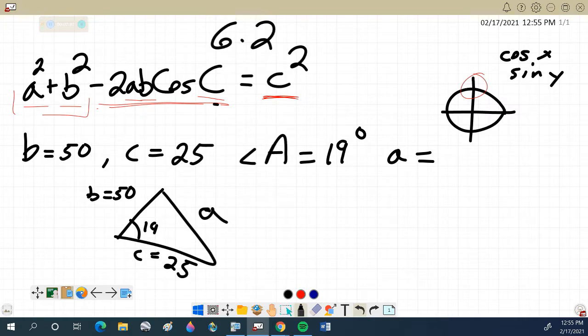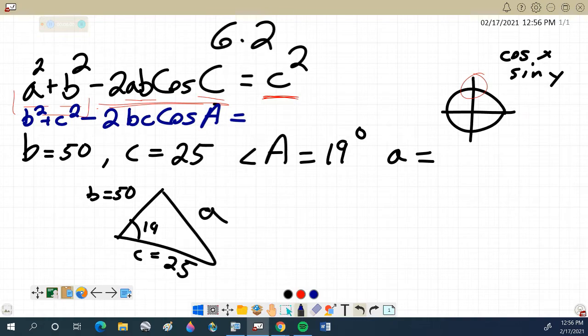It turns out there are 3 copies of this formula, and they're all sort of interchangeable. So another version of the formula would be B squared plus C squared minus 2 times B times C times the cosine of the angle matching up with this side over here.